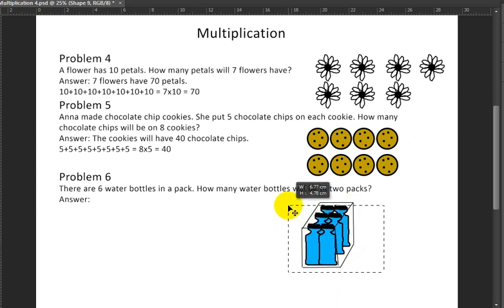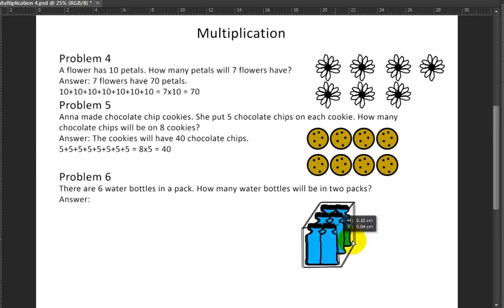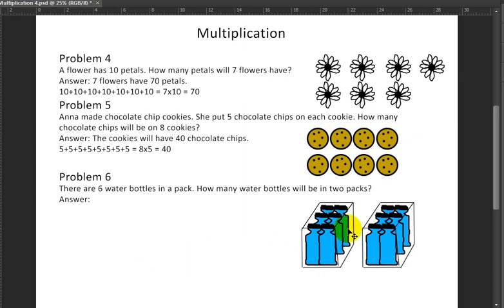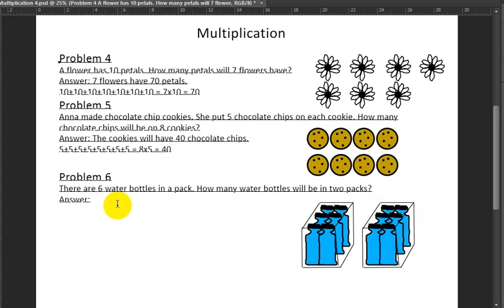And we're being asked, how many water bottles will there be in 2 packs? Well, that's going to be 6 plus 6. 2 sixes. 6 and 6. As a multiplication, this would be written as 2 times 6.